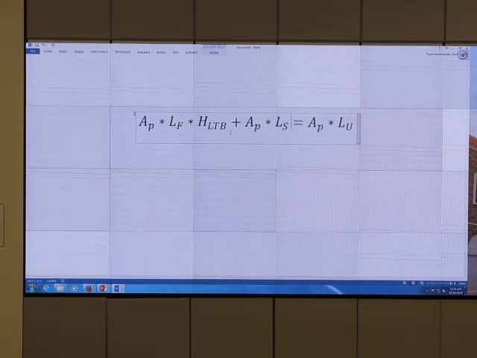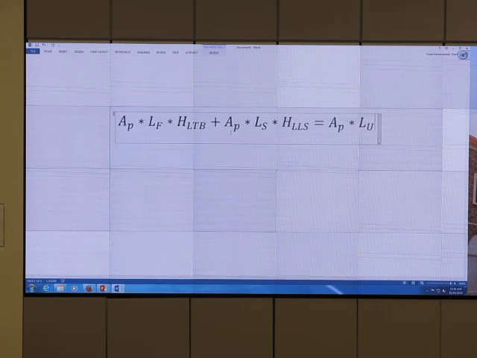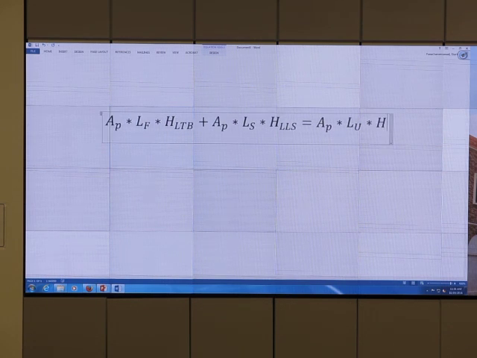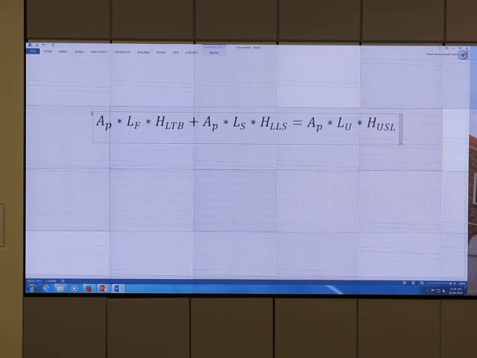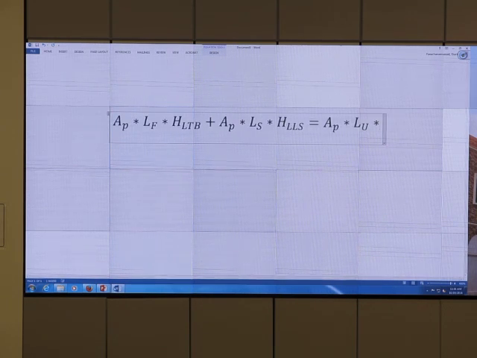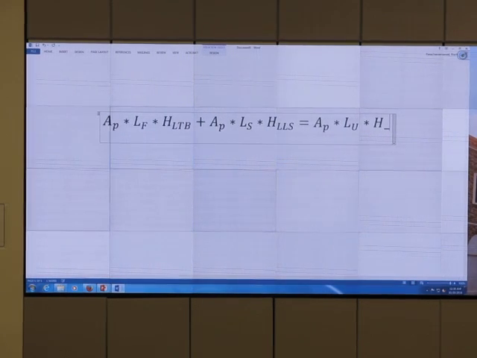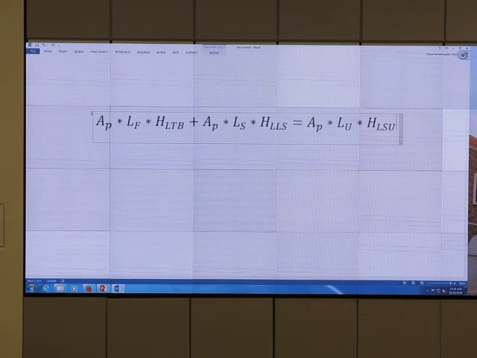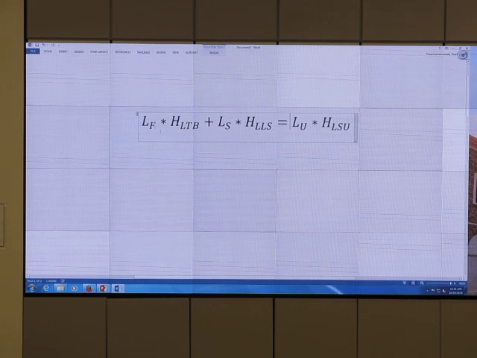And you multiply this by H of LS. And this will be H of LSU. Okay, HLSU, HL of slug unit. Liquid holdup of slug unit. Cancel AP. No more AP. So cancel that. You get this equation.